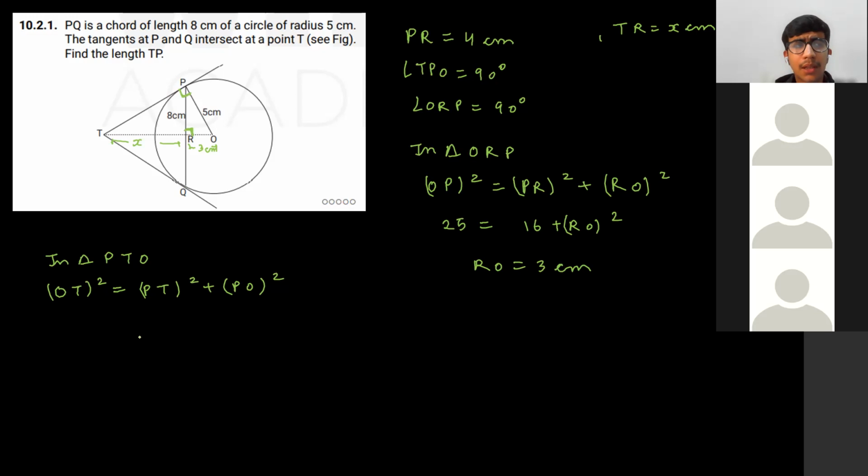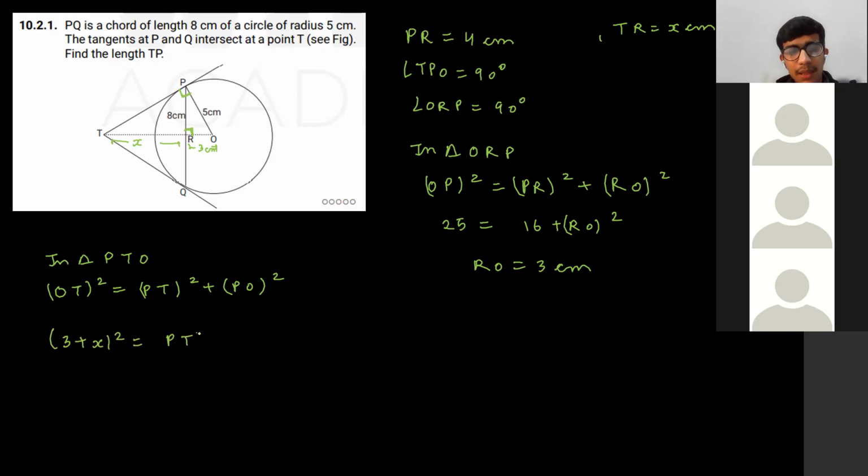What is the value of OT? OT will be equal to OR plus PR, so OT is equal to 3 plus X. So 3 plus X, the whole square, is equal to PT square plus PO square.